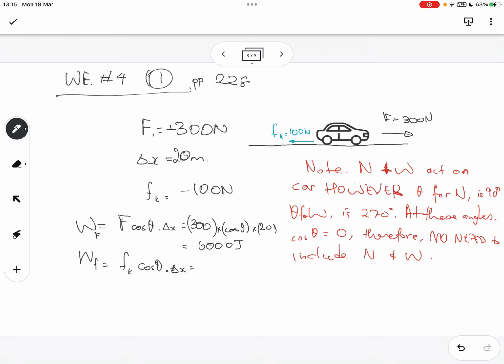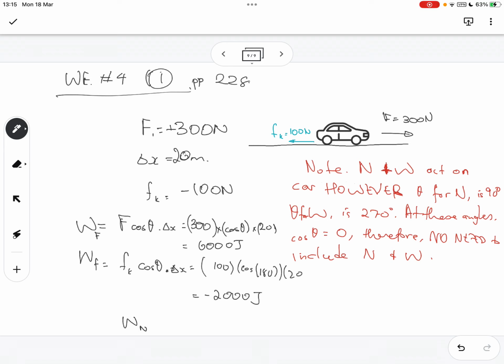6,000 joules. Okay. And the second one would be negative 100 times cos 180 times 20, and that gives us negative 2,000 joules.